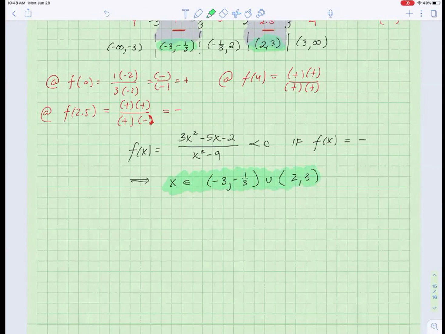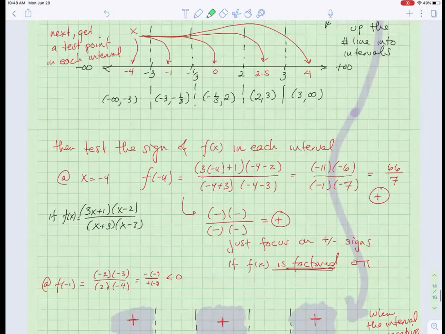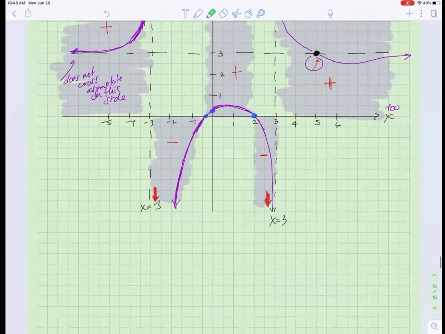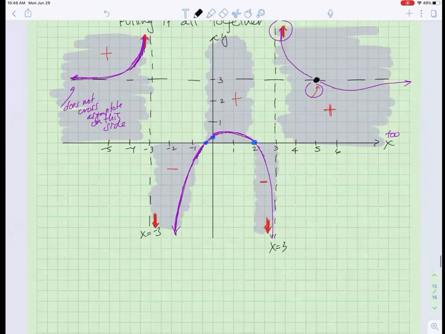So you can actually do this visually if you look back up here. You say, well, when is 3x squared minus 5x minus 2 over x squared minus 9 less than 0?